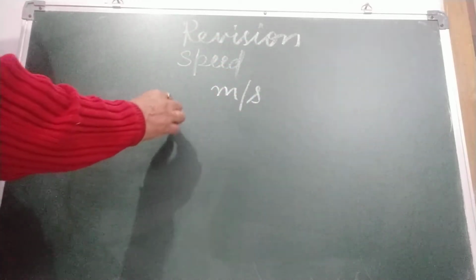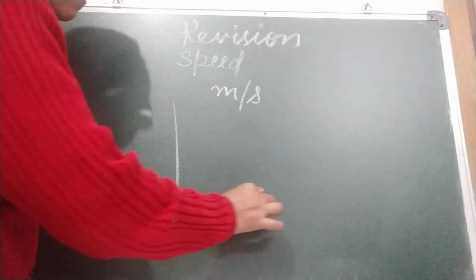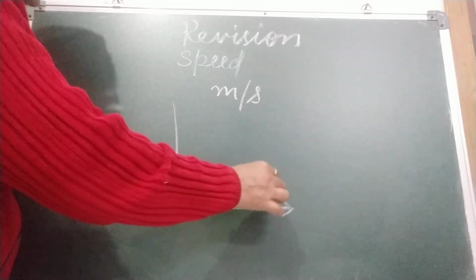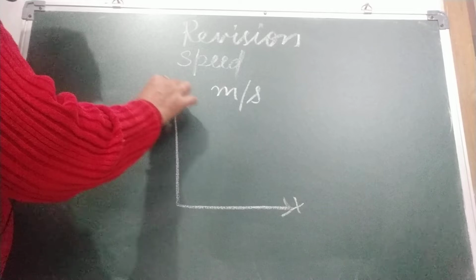There are two or three things you need to remember in a distance-time graph. First, when you draw, this is the x-axis and this is the y-axis.